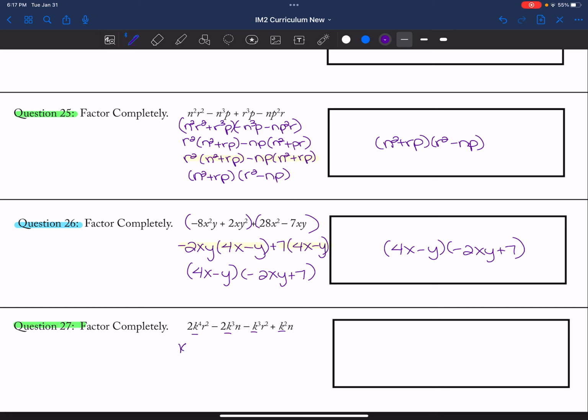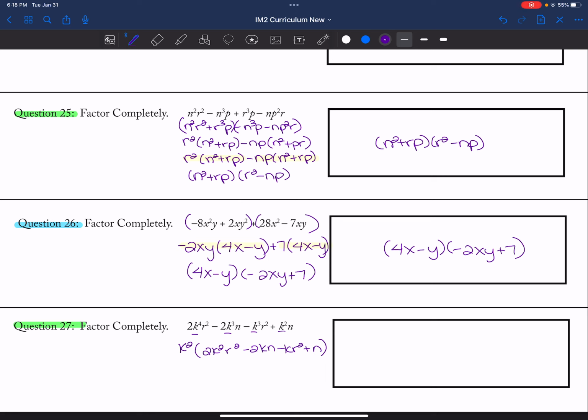So I have a k squared that's in common. So that leaves me with a 2k squared r squared minus 2k n minus k r squared plus n. Yes, factor out a k squared.